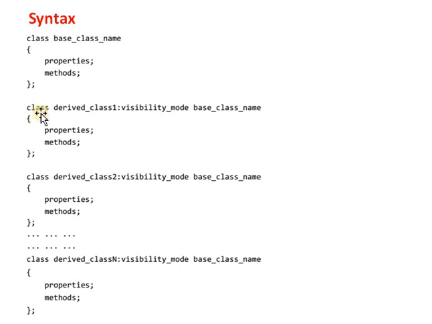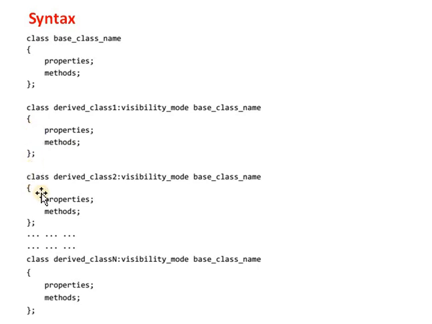How do we derive the first derived class? By using the class keyword. After that, we write the derived class name. Then we use a colon operator. After the colon operator, we specify a visibility mode. And after the visibility mode, we specify the base class name. Then we write the properties and methods associated with that particular class.